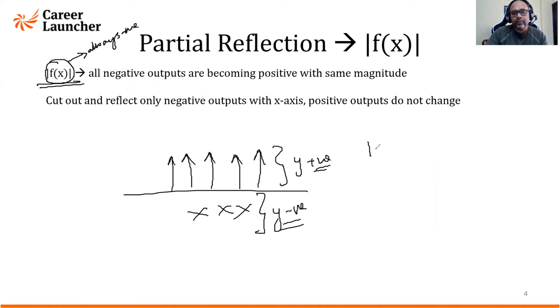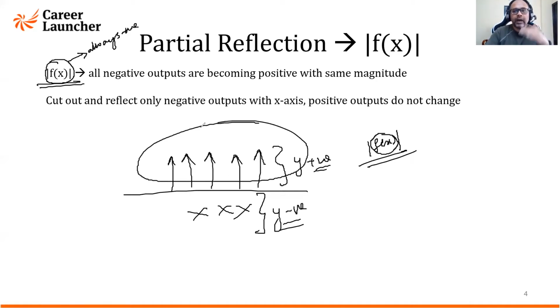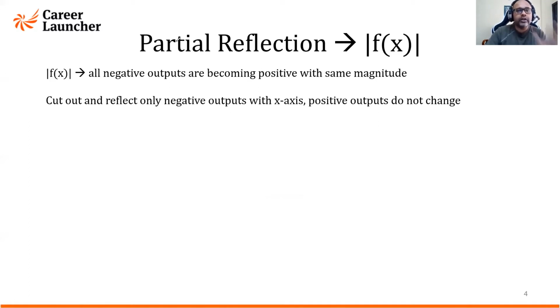So by the definition of modulus itself, you can understand that the output, that is the y answer, can never be negative. It will always have to be positive, which means if at all the graph exists, it will exist only on the upper half of your x-axis, not on the lower half. So how do we draw this graph?